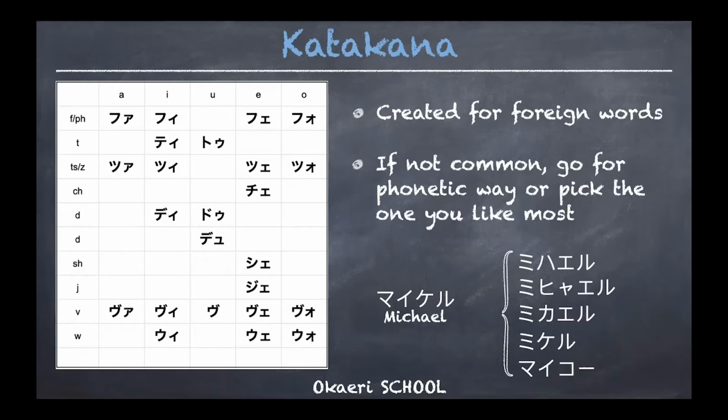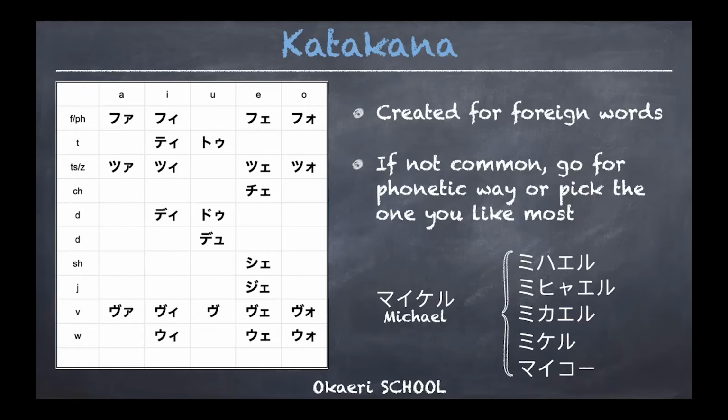So we do have spellings. We do have some ways to write them. Sa, si, se, zo, che. So D sounds, D, do, or do and do. SH, she, J, je. V sound, va, vi, vu, ve, vo. We do have them. Wow. And W, we, we, wo.